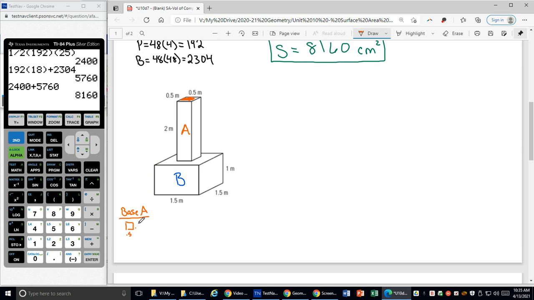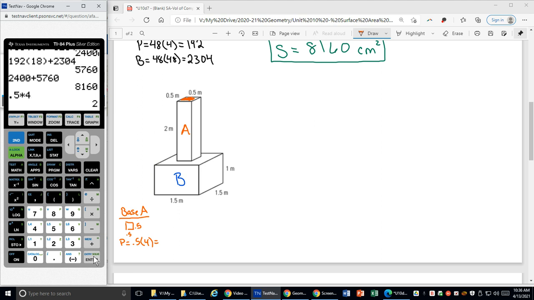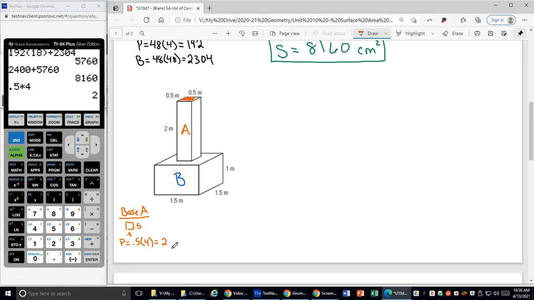So the perimeter of this one is going to be 0.5 four times. So 0.5 times 4 is 2. That's my perimeter. The area of the base is 0.5 times 0.5, which is 0.25.